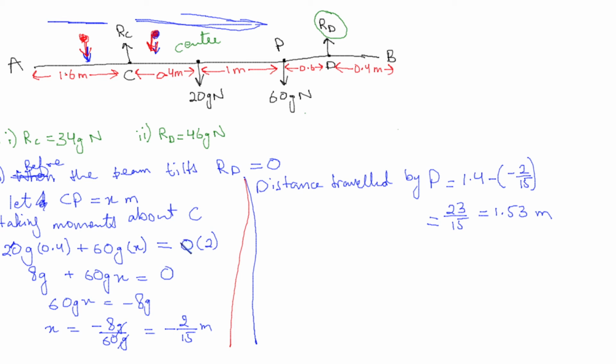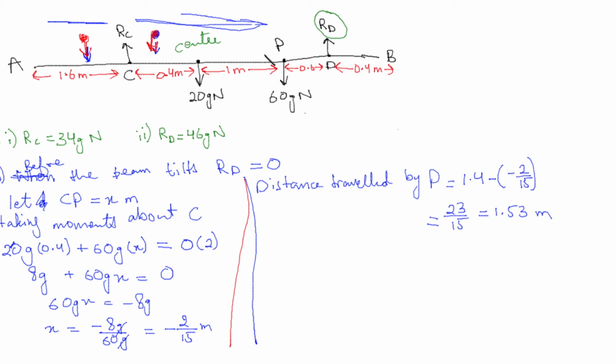Let me just summarize this a little bit more for the people who did not understand, and let me just show you what I basically did. So here what I did was that P is moving towards C, okay?